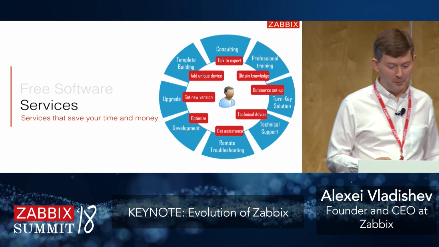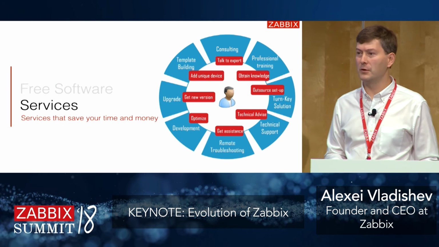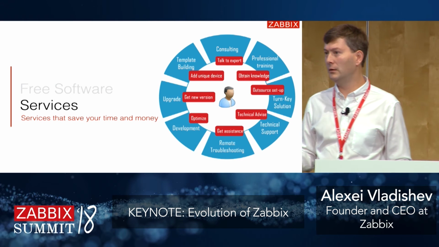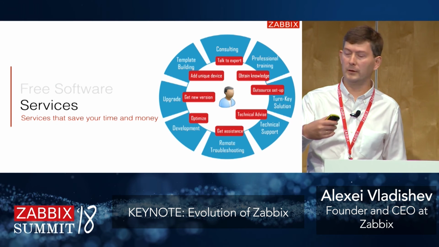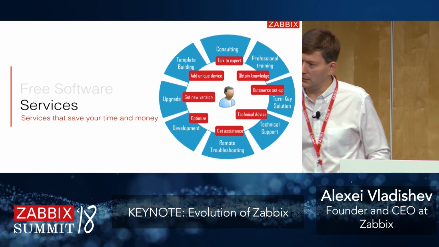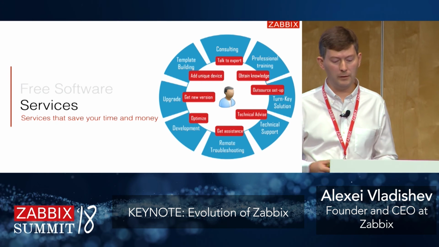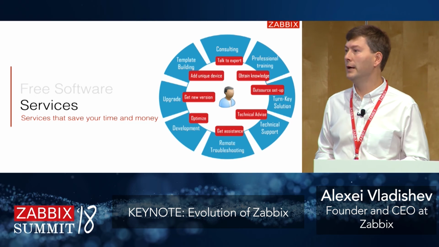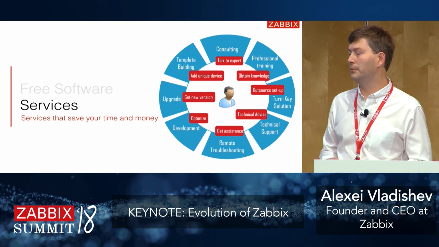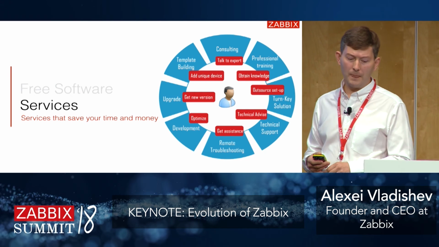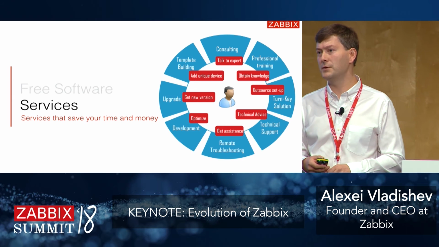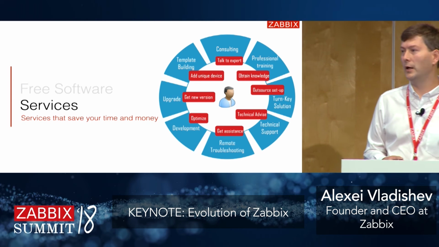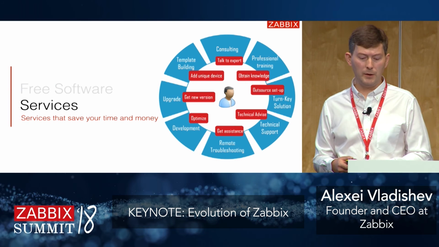And another group of people at Zabbix provide services. Basically this is the way we earn money, how we make a living. We provide commercial services of different types: technical support, consultancy services, turnkey solutions, professional training, of course, and many other services.